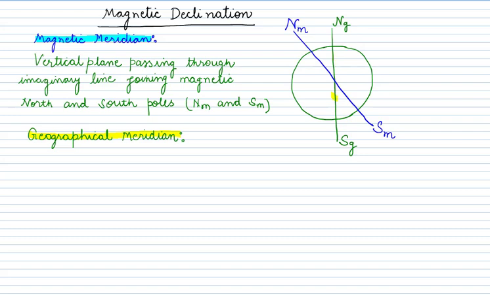Since you can see that these two lines are at some angle, the vertical planes drawn through these two lines will also be at some angle. So we can say that the magnetic meridian is making an angle with the geographical meridian. And this angle is shown by a compass needle. This angle we call magnetic declination.